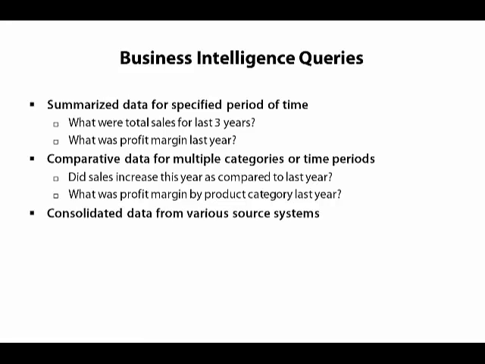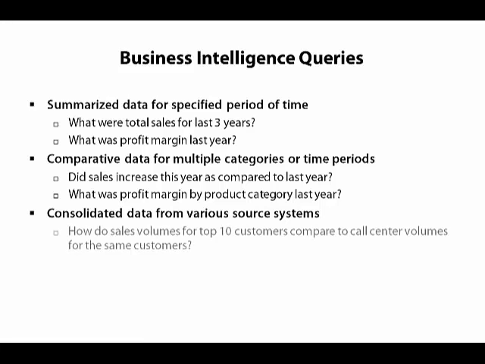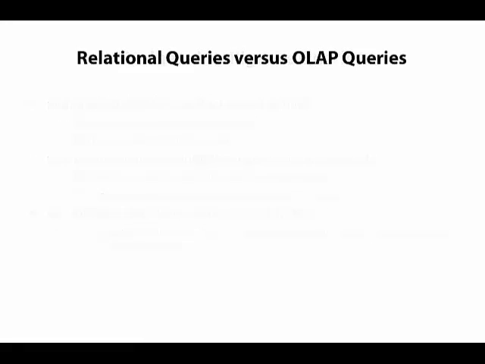There might also be questions that require consolidation of information that helps us answer questions with data from different sources, such as a comparison of sales activity with the call center demand for a selected group of customers.